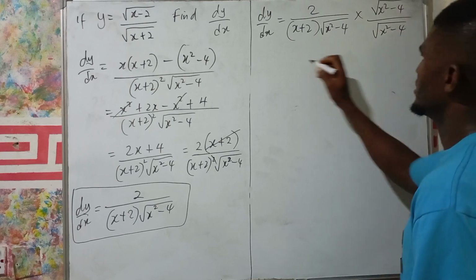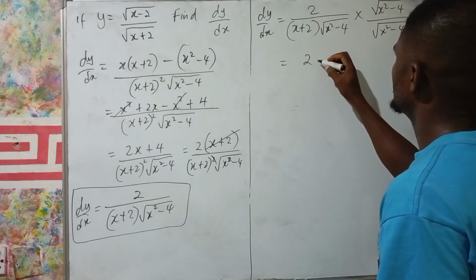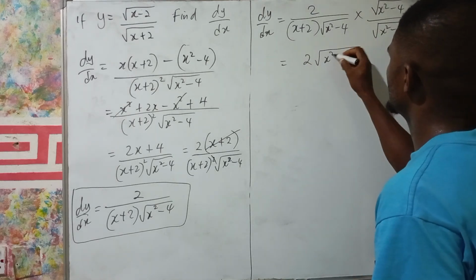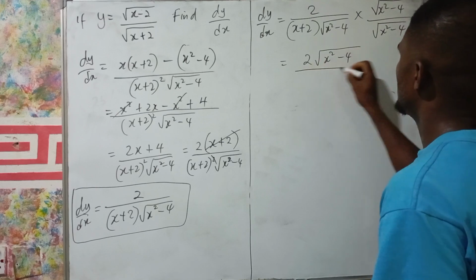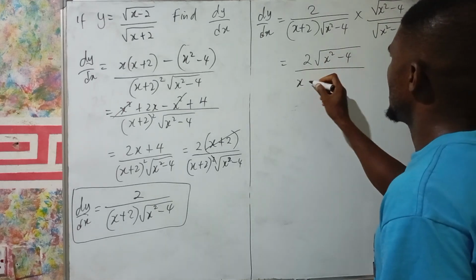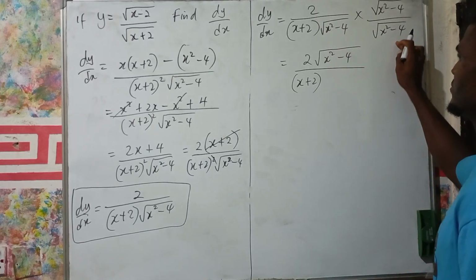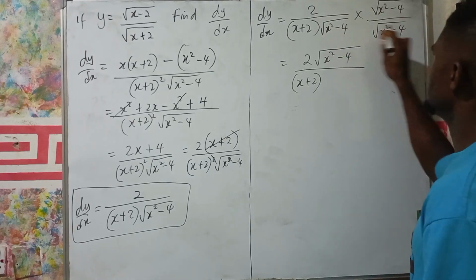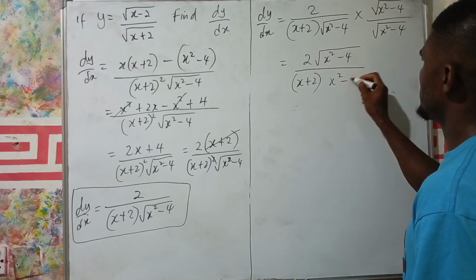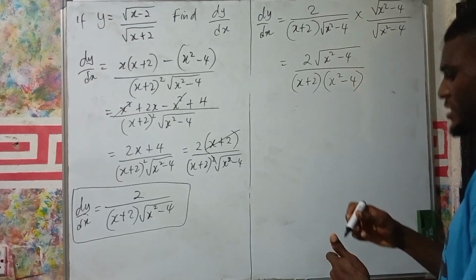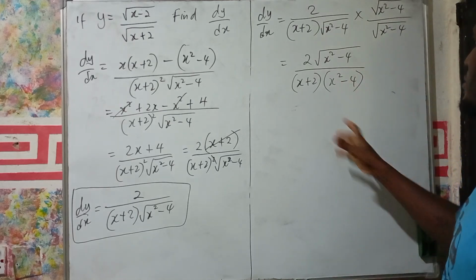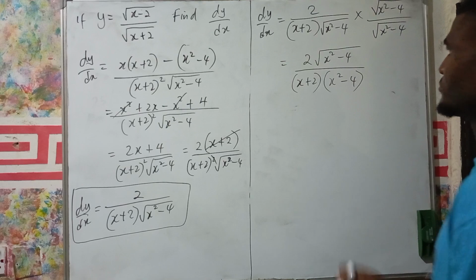And when you do that, this will become 2 root of x squared minus 4 over x plus 2. This and this will multiply, and the square root will be gone since it's the same thing. So we now have x squared minus 4. So we have this. So now again, you can keep your answer this way.